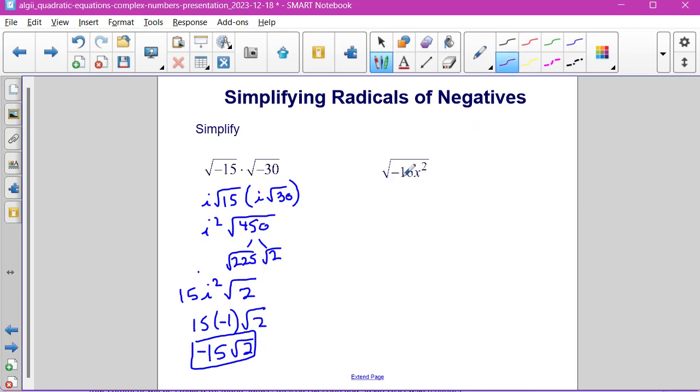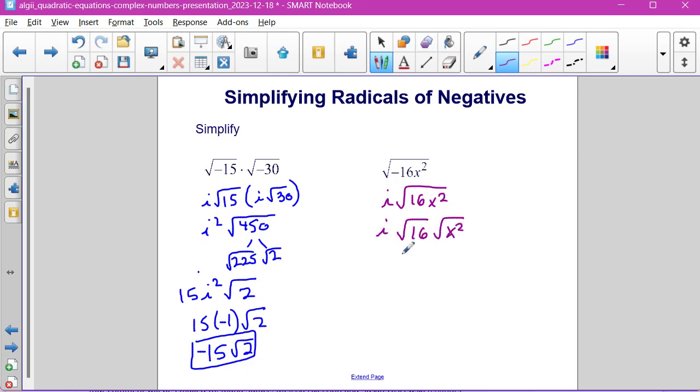Now let's look at the next problem, the square root of the quantity negative 16x squared. Again, first step, because we have a negative in there, we have to pull the i out. So we have i times the square root of 16x squared. That means we are taking the square root of 16 and the square root of x squared.